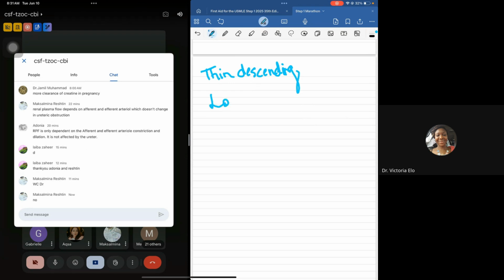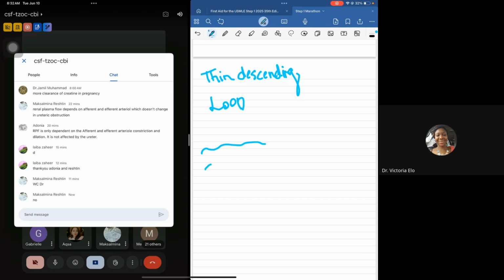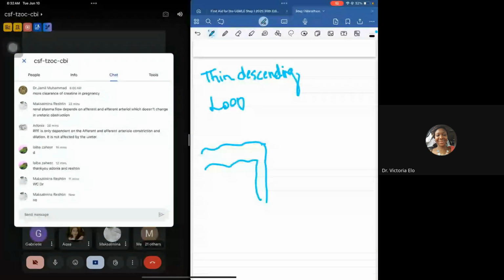Now we have the thin descending loop. So if you look at the nephron, this was the proximal convoluted tubule, and this thin part was known as the thin descending loop. Now, why is the thin descending loop important? This thin descending loop is important because only one thing can be reabsorbed back into the blood from here.